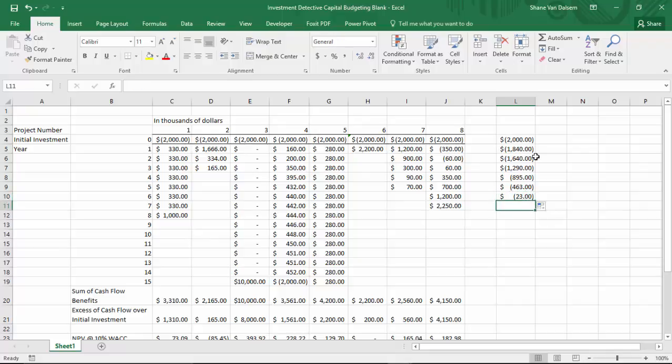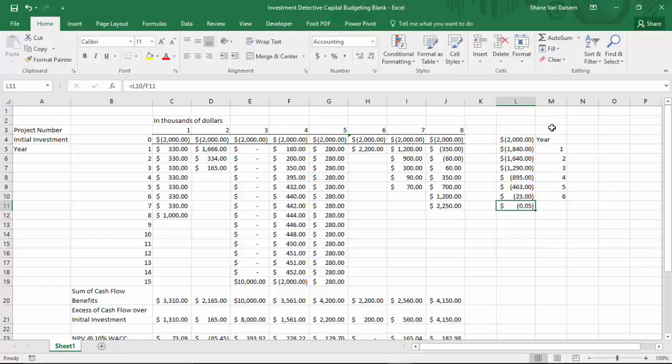in the 6th year, we've almost got it paid off. We only have $23,000 left to pay off, so I'm going to take this $23,000 in the 6th year, I'm going to divide it by the 442 in the next year, and I get 0.05. So I'm going to put our years here. We have year 1, year 2, year 3, year 4, year 5, year 6, and then we have 0.05 years.